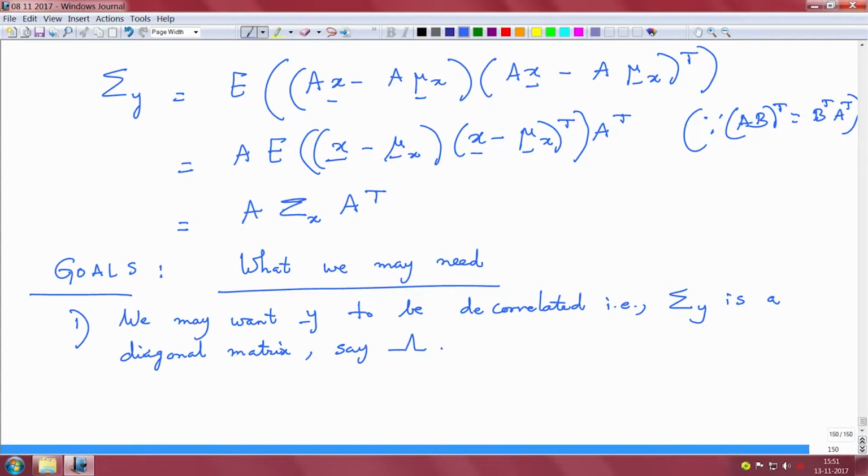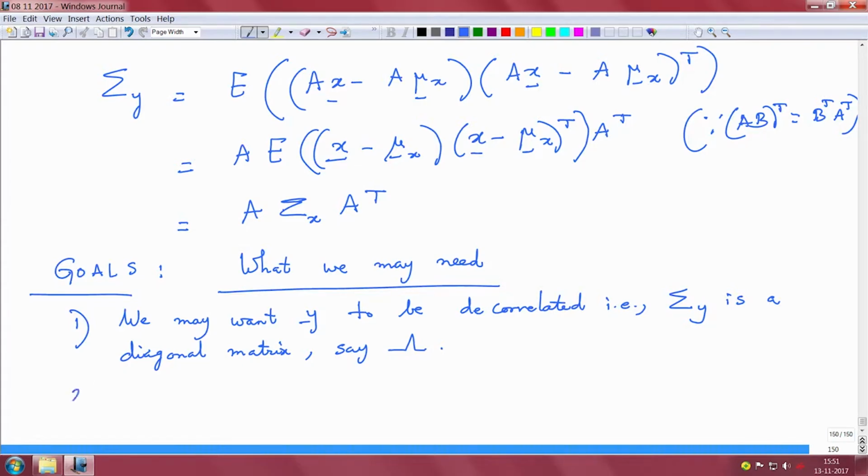We want to decorrelate the data. That means if you look at one coordinate, it does not have any correlations with the other coordinates. I mean, you take the expectation in the stochastic sense.